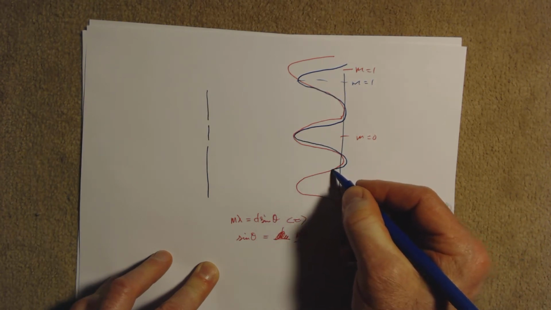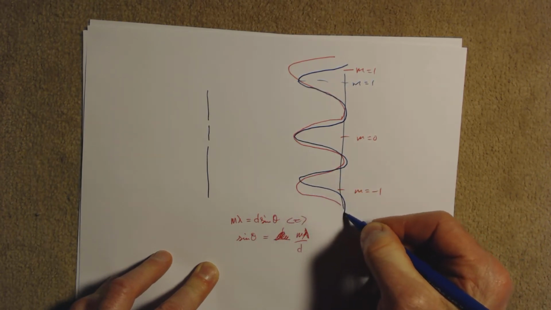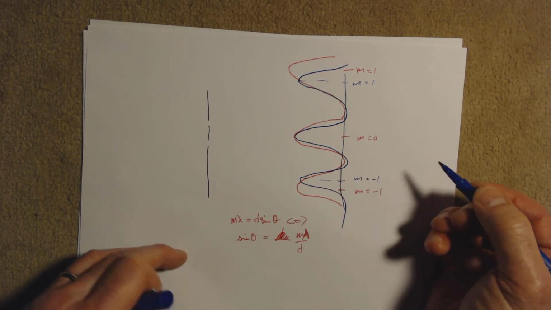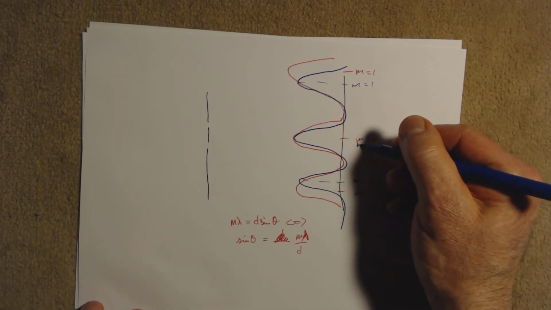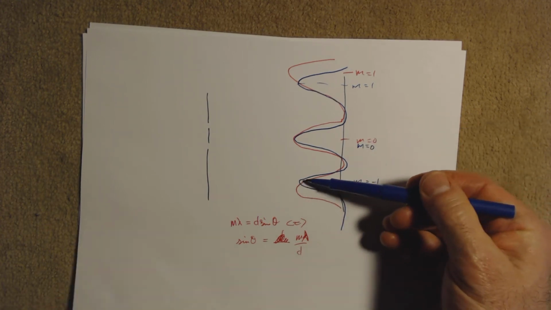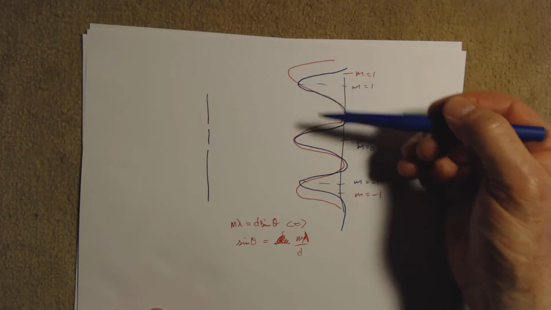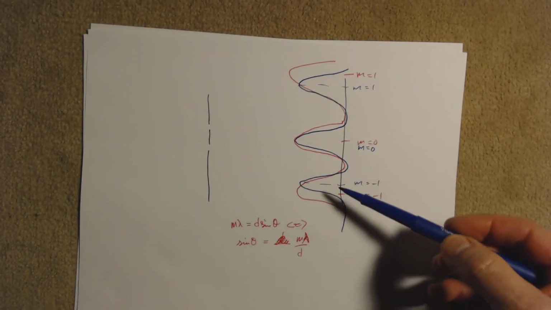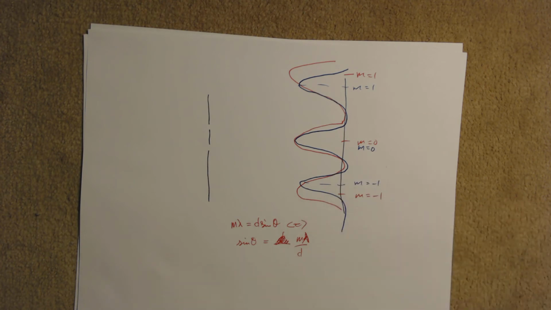So the overall effect would be something like this. The m equals 0 is the same for both. I can start to separate out the blue from the red by looking at the m equals 1 or the m equals minus 1 peaks, but there's a lot of overlap.